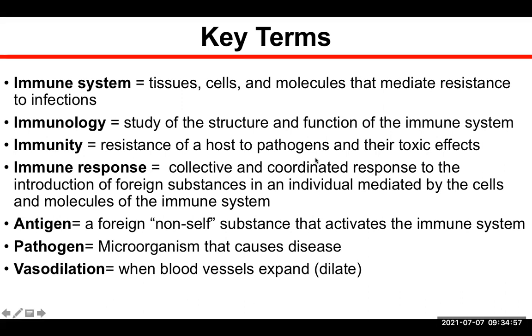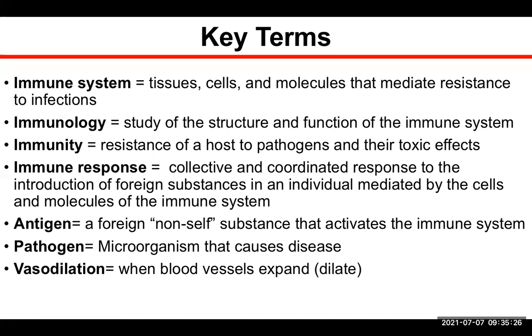The immune response is going to be this collective and coordinated response between the innate and adaptive immune cells, coordinating with cells that are infected to go ahead and mediate a response to get rid of these foreign invaders or these pathogens. The pathogens are going to be microorganisms that cause disease, and antigens are going to be foreign non-self molecules or substances that activate the immune system.